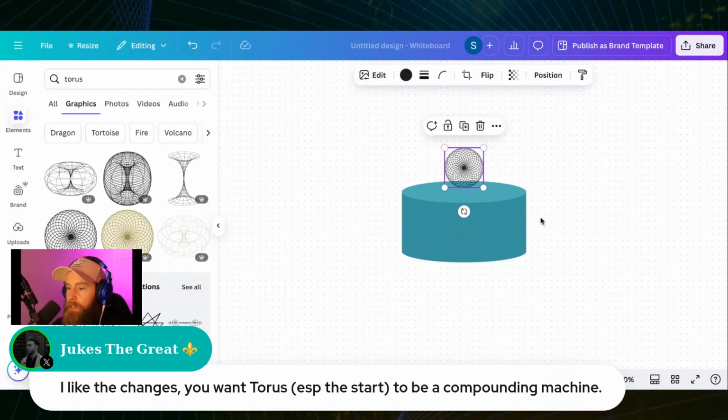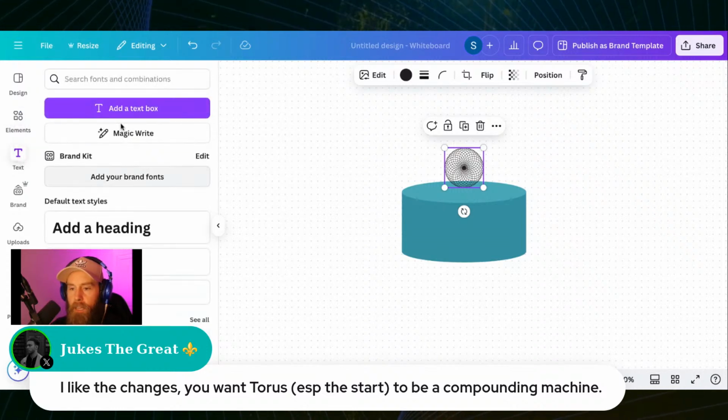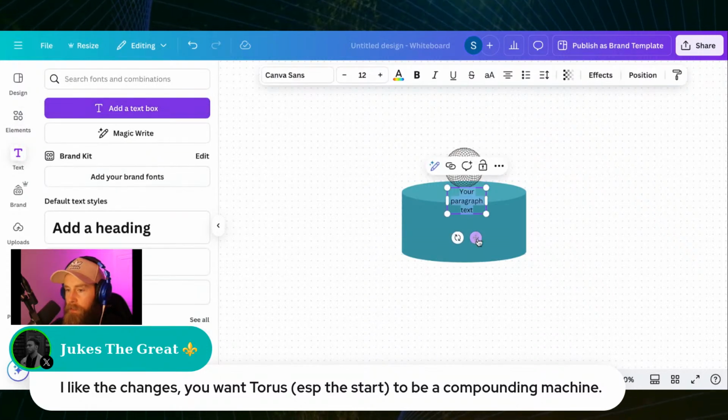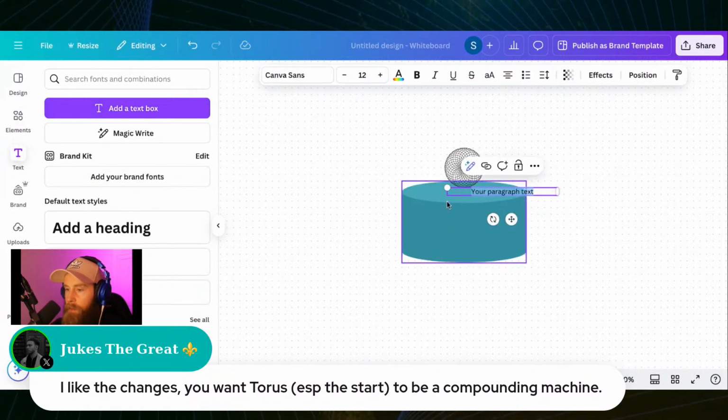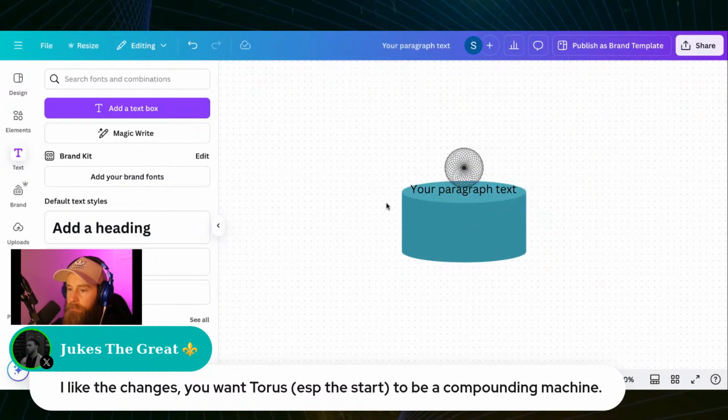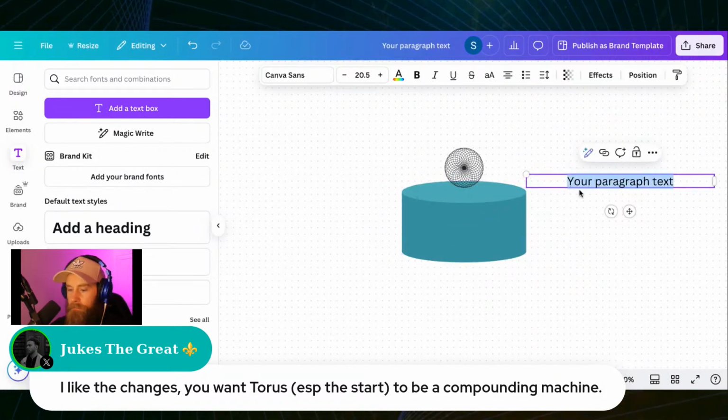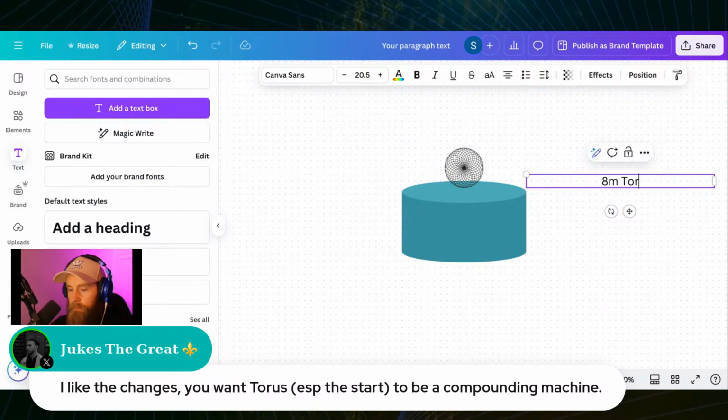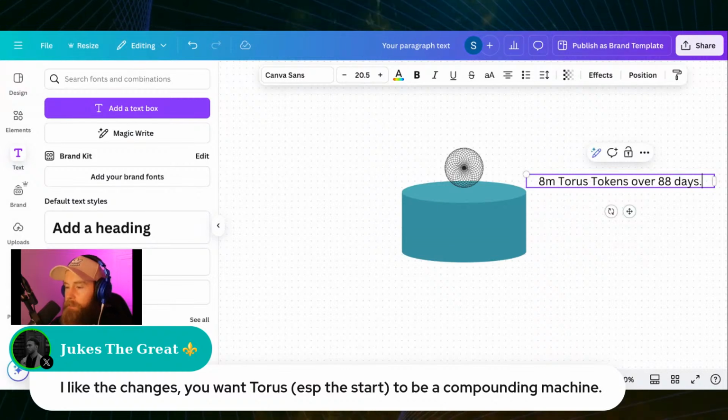Now, if we're talking about the first 88 days, there's about 8 million tokens coming out that are going to be distributed over 88 days, right?